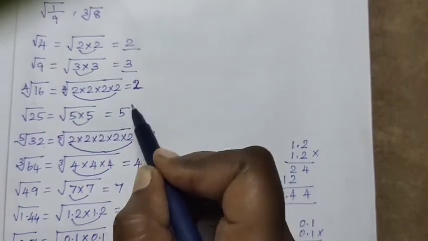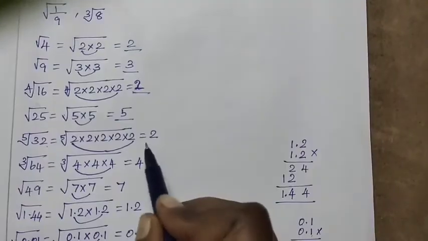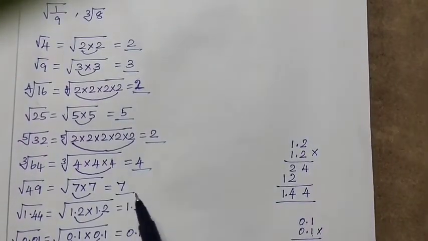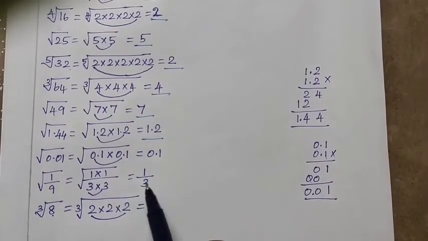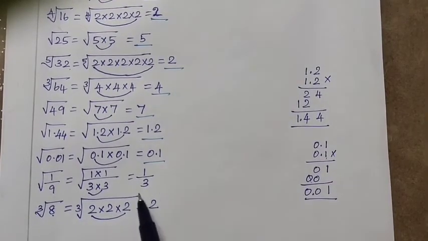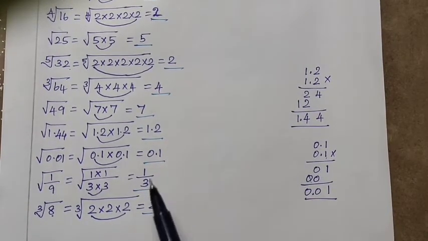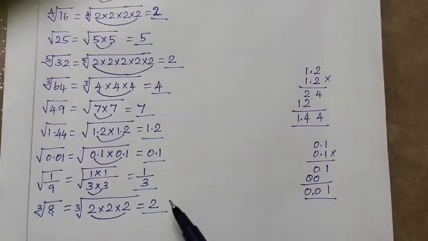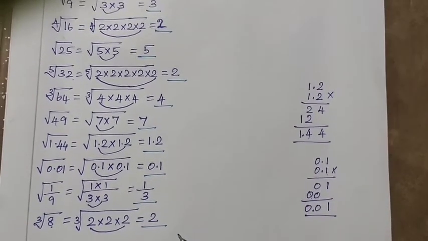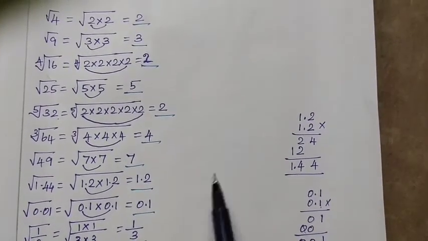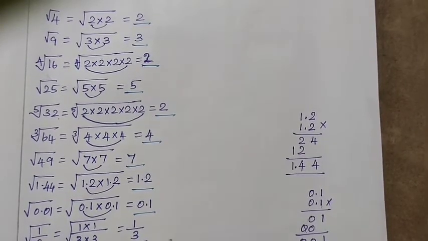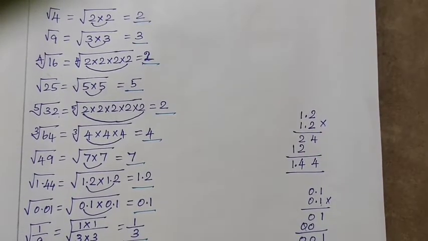The answers are 2, 3, 2, 5, 2, 4, 7, 2, 1.2, 0.1, 1 by 3, here 2. Is there any radical symbol in these answers? No, the radical symbol is not in our answers. Is this possible at all times?